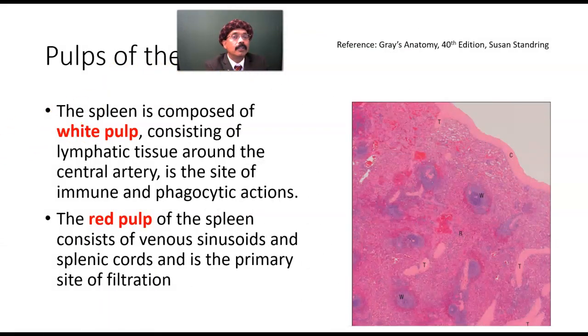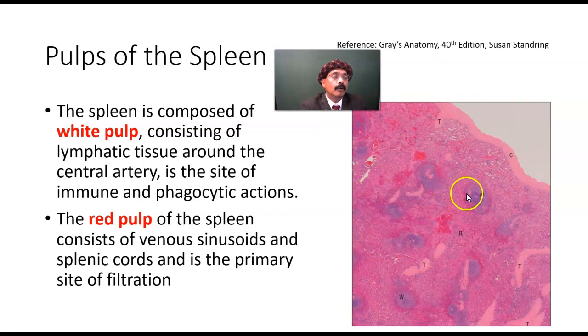Pulp of the spleen. If we cut a part of the spleen, we get the pulp inside it. We have the white pulp and the red pulp. White pulp is around the central artery and is the site of immune and phagocytic function.